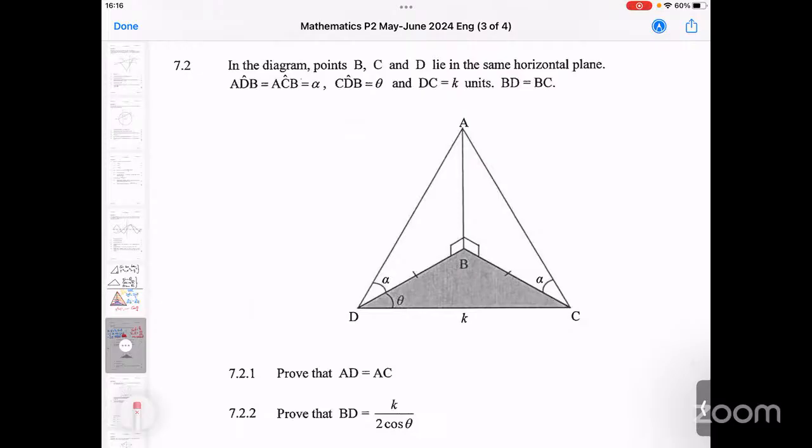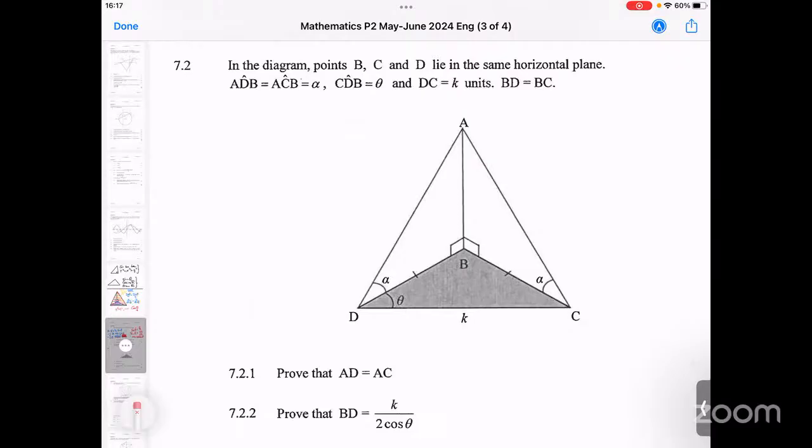Angle D in triangle CDB is theta, and DC is equal to K units. BD is equal to BC.